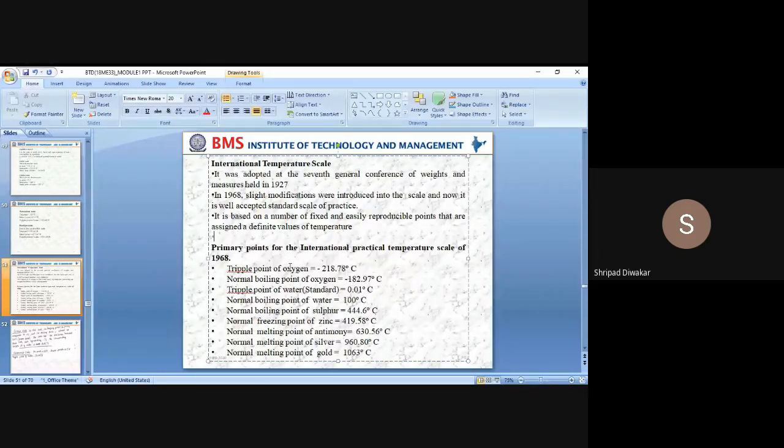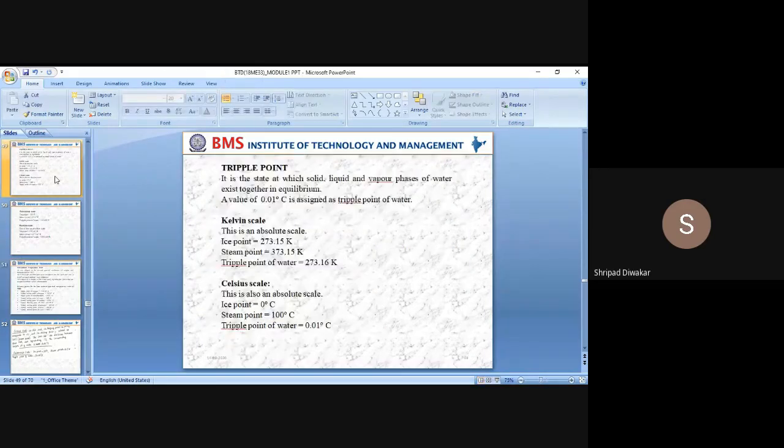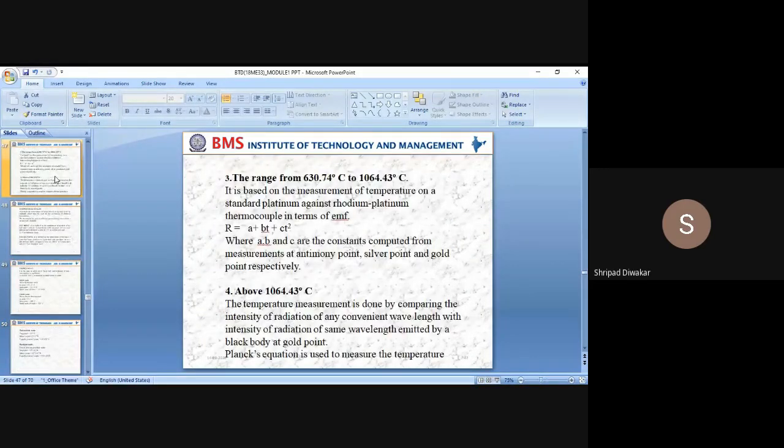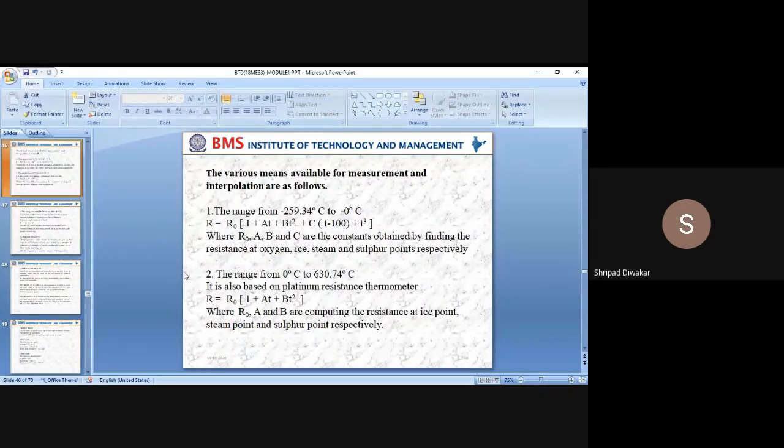Triple point of oxygen is -218. The normal boiling point of oxygen, as we discussed in the scale, the oxygen point, is -182.97 degrees Celsius. In the previous slide, I discussed that for the range from -259.34 degrees Celsius to 0 degrees Celsius, the oxygen point is used as a standard point.